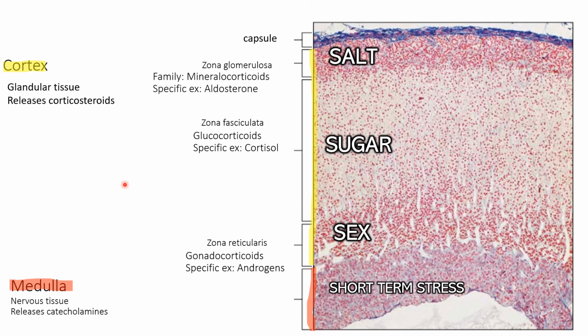Or a specific example will be androgens. I actually need to look into that because I'm not even sure if that's a specific hormone or if that is also a class of hormones. For now, let's just live with the uncertainty, and when I figure it out, I'll put a pinned comment in the description.